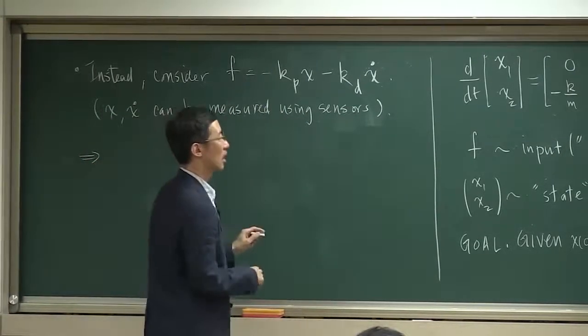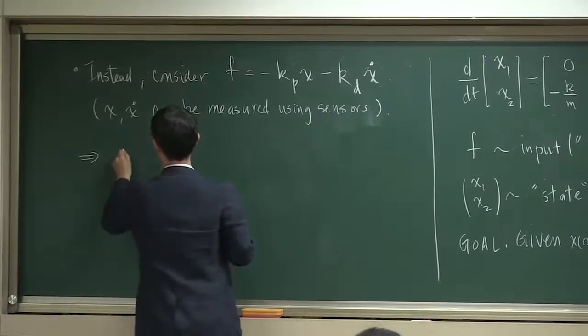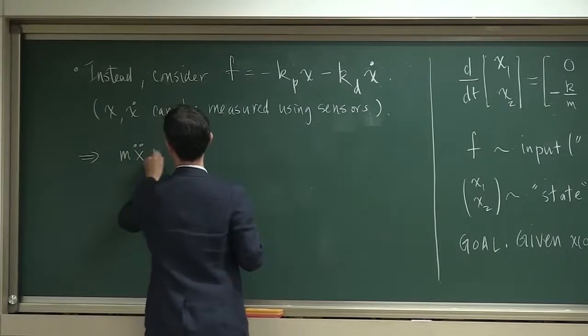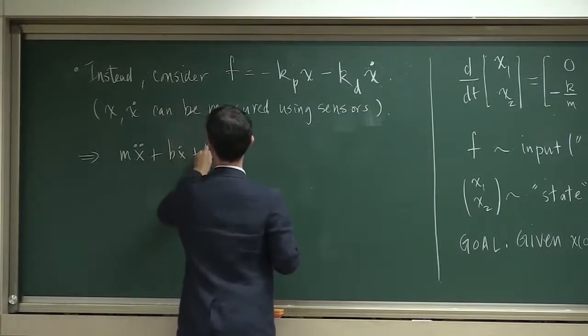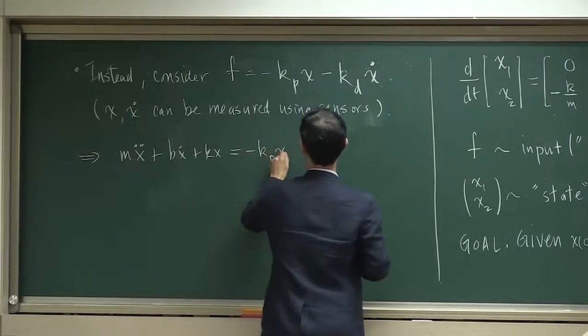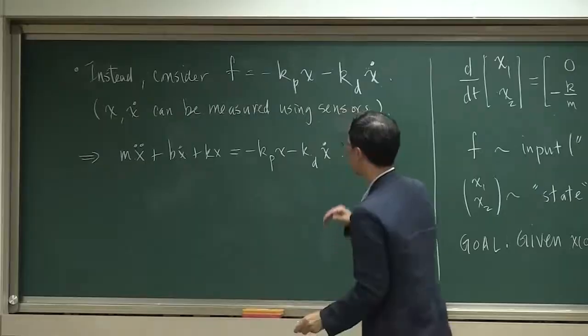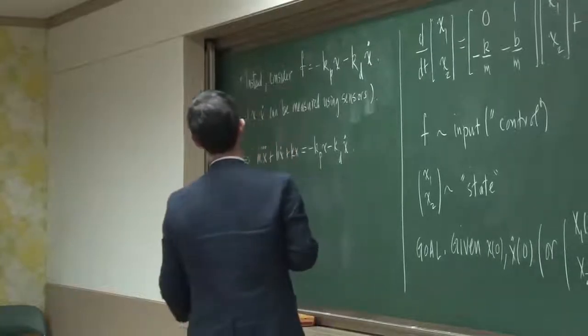Then we have m x double dot plus b x dot plus k x equals minus kp x minus kd x dot, right?